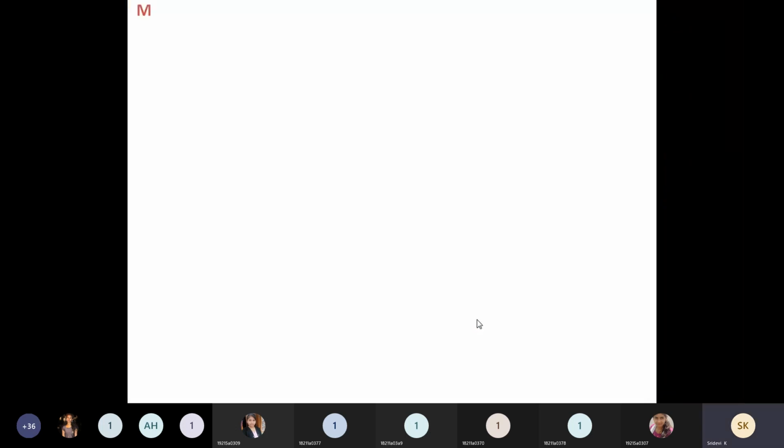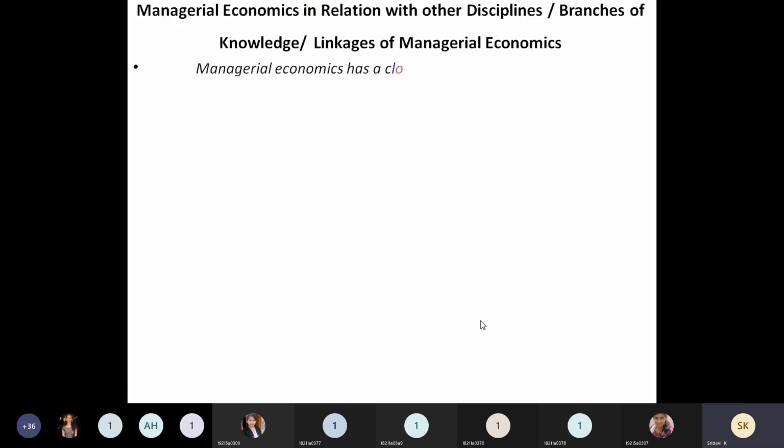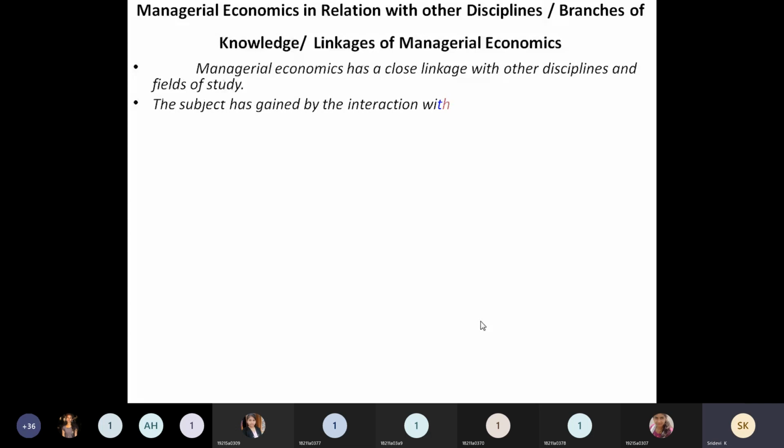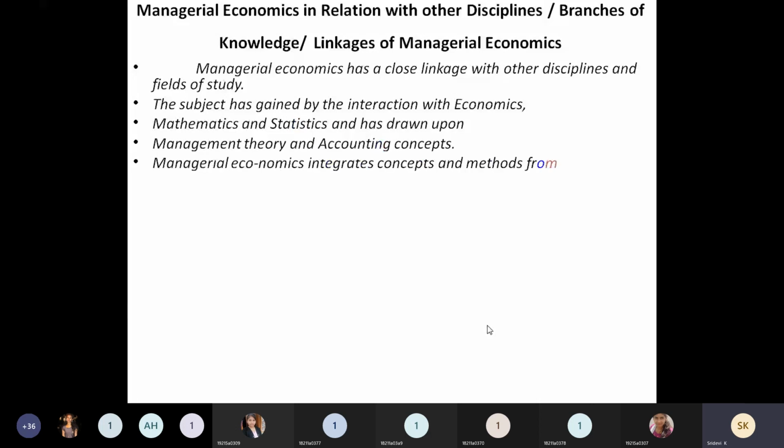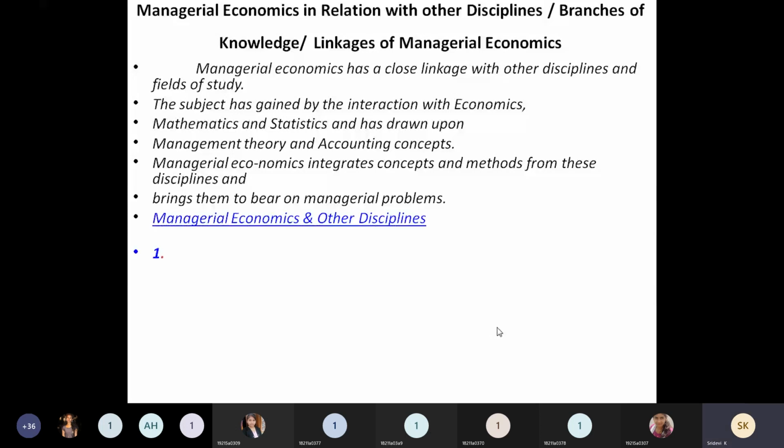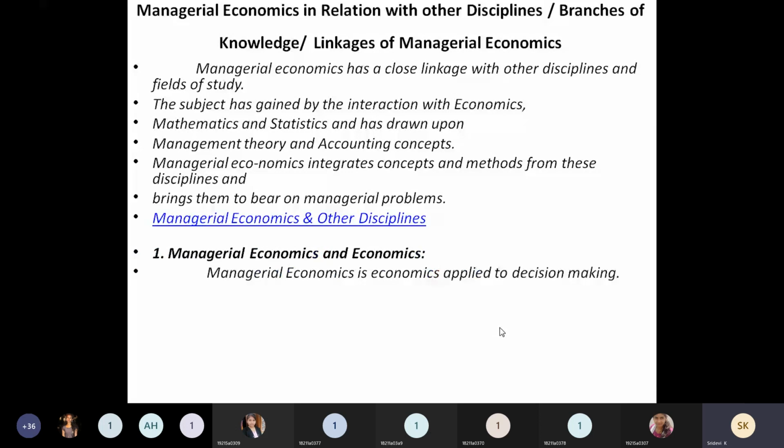So here we come across managerial economics. I'm not going to discuss in detail, but I will give them in short. One, mathematics, statistics, accounting, management theory. All this comes under these linkages. And other disciplines like managerial economics and economics. In this, you have to explain microeconomics and macroeconomics, which we discussed in the last class.